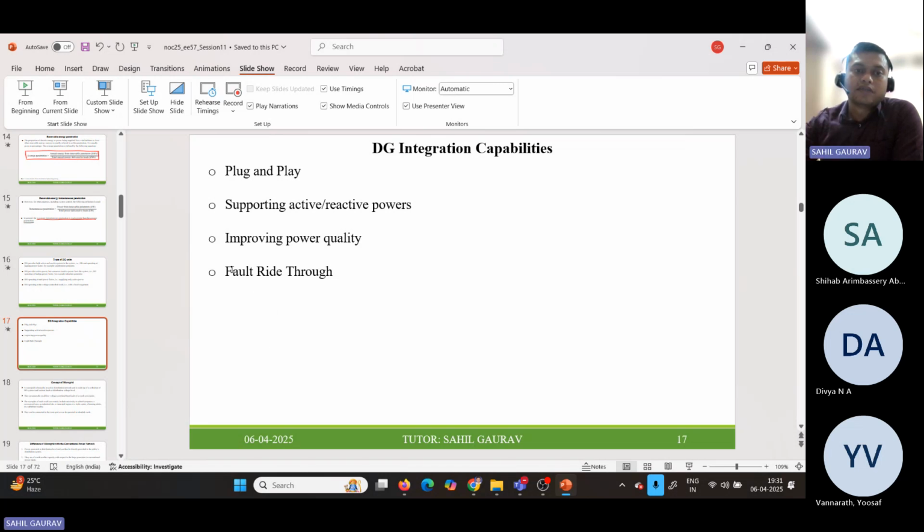That is fault ride through. It is like at the node where the DG is integrated, if the voltage rises or drops, your system does not become unstable. Your system should be capable of handling that fault. It can be of many types, like LVRT or HVRT, low voltage fault ride through or high voltage fault ride through.